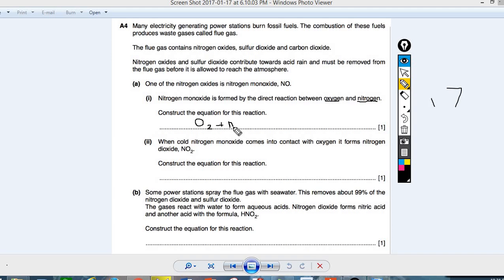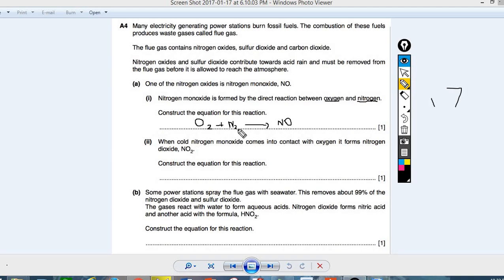Nitrogen is also a diatomic gas, which has a triple bond, and oxygen has a double bond, by the way. Once these two react, you will get nitrogen monoxide. So this is your reaction, but you're not done yet.